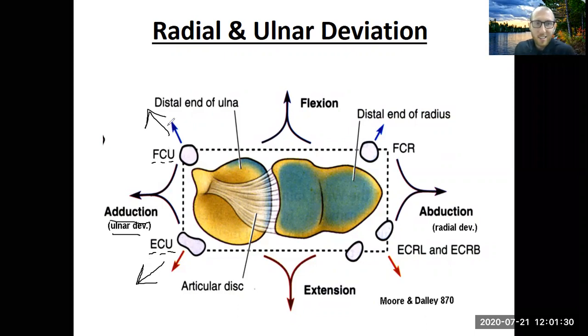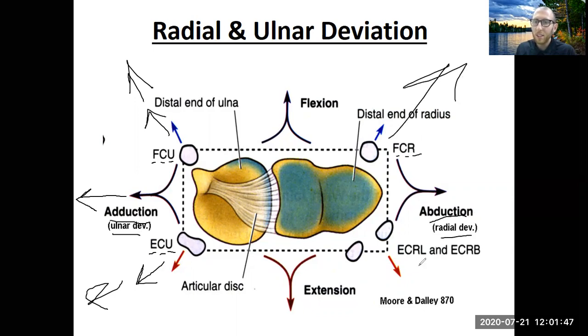Well, here it is. So you pull in this direction a little bit, you pull in this direction a little bit. The net force is straight in the middle. Same thing happening over here with radial deviation. Flexor carpi radialis pulls this way. Extensor carpi radialis longus, extensor carpi radialis brevis, pulls this way, and the net force is right in the middle.